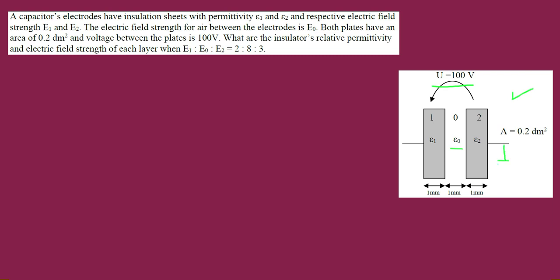So we have ground potential on the right side of the insulation and 100 volt on the left side. The width of each layer is 1 millimeter, and the face area of each insulation layer is 0.2 dm square. So this is what we are given in this problem.